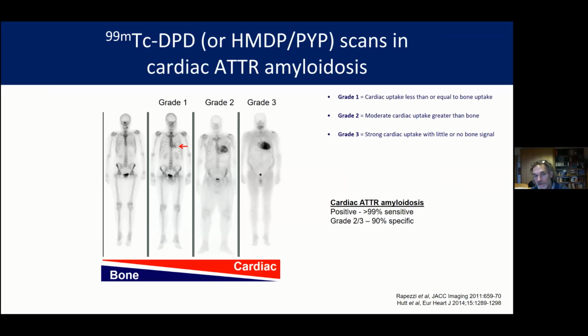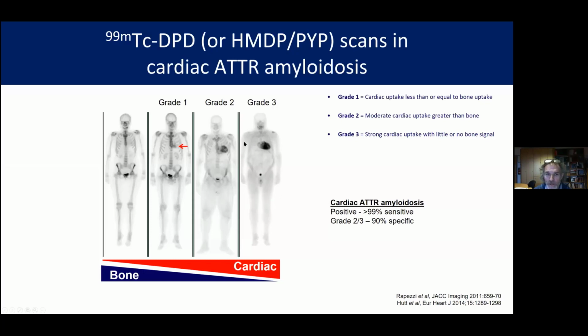And about 10 years ago or thereabouts, Claudio Rapezzi, a cardiologist from Bologna at the time, started to look at this more systematically. And he came up with this grading system of cardiac uptake that was equal to or less than bone, grade 1, cardiac uptake that was more than bone, grade 2, and cardiac uptake that was more than bone with very marked bony attenuation.